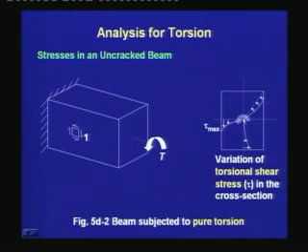It is 0 at the center, which is the center of the rotation, and as we move out, the shear stress increases. It is maximum at the mid depth of the longer side. It is also high at the mid depth of the shorter side.